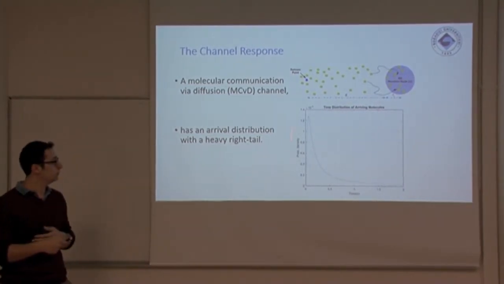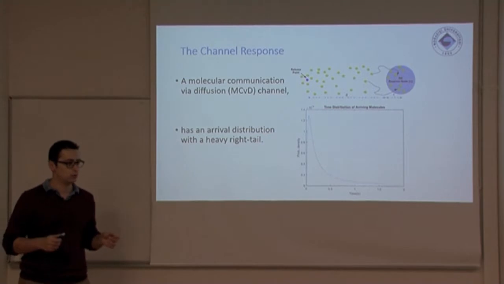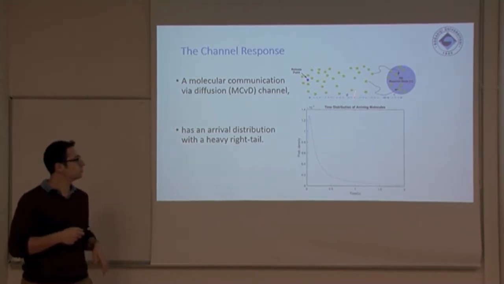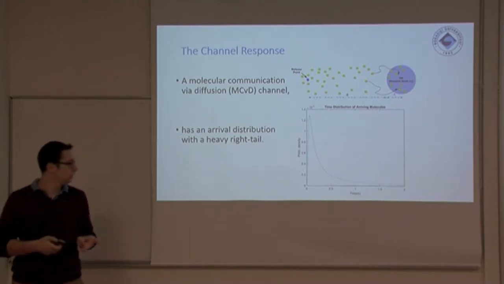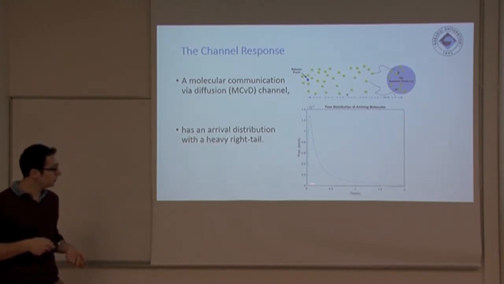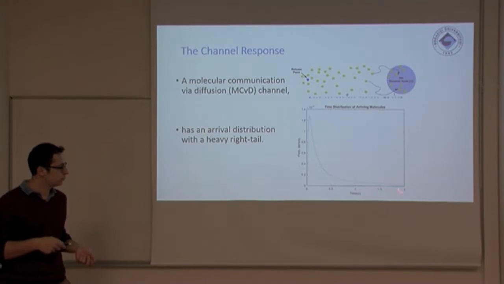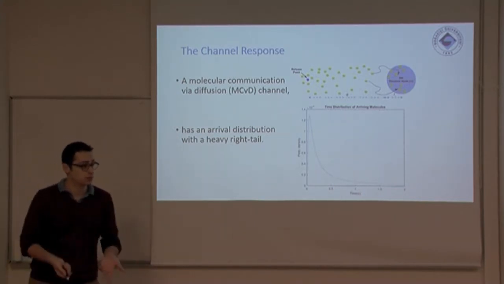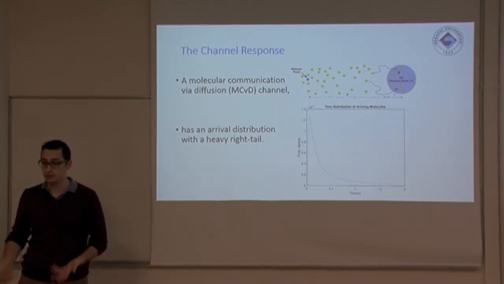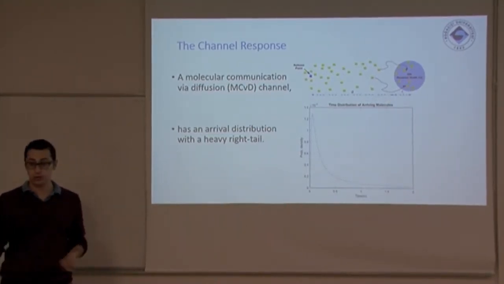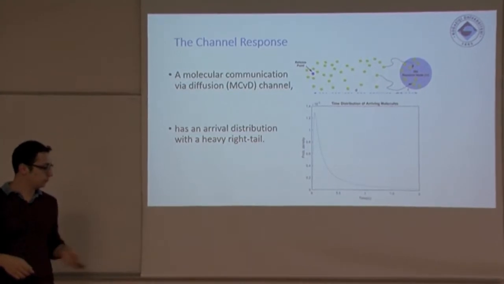As you can see, this simulation was done with d equals 5 micrometers and r sub r equals 5 micrometers, so the range is pretty short. Even with that, the arrival probability is on the order of seconds. Generally speaking, we have megabits per second data rates in EM communications or cable communications, but here we have a lot less.